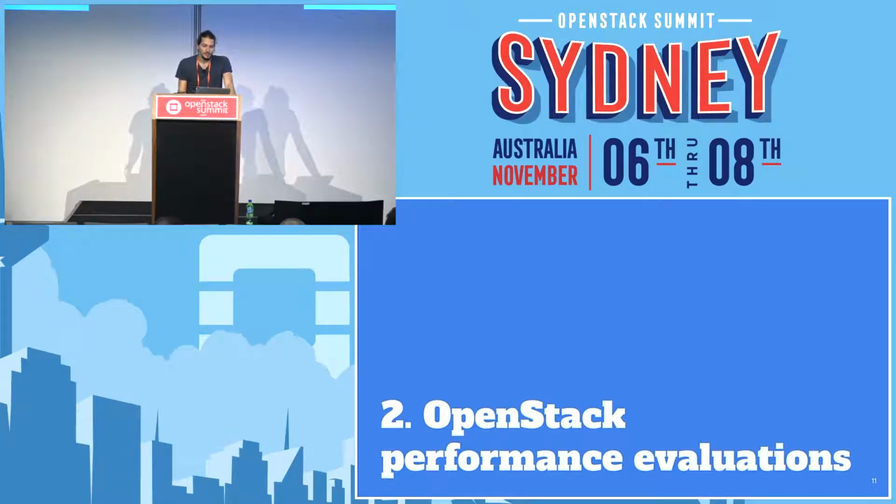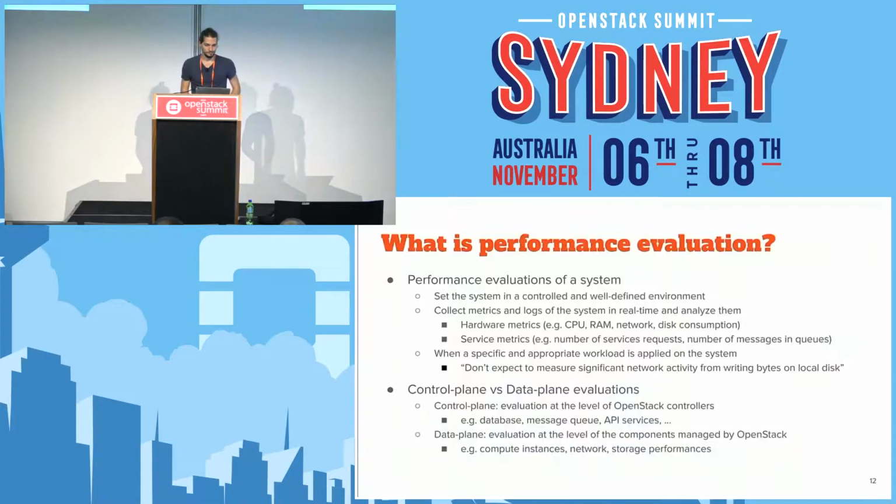To fully understand the challenges addressed by EnOS, let's talk about performance evaluation in OpenStack. To do performance evaluation in general, you need three things. The first one is an environment that you control and which is well known. So you want to know the resource capacity, software versions, and the configurations. You need a way to collect different metrics from this system.